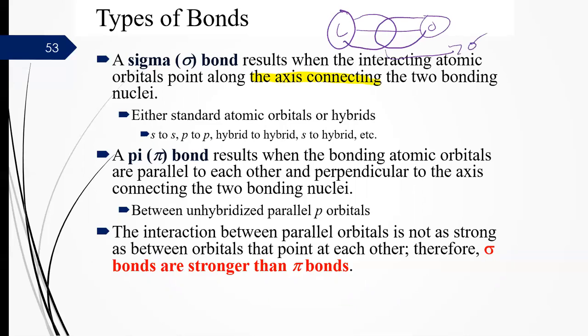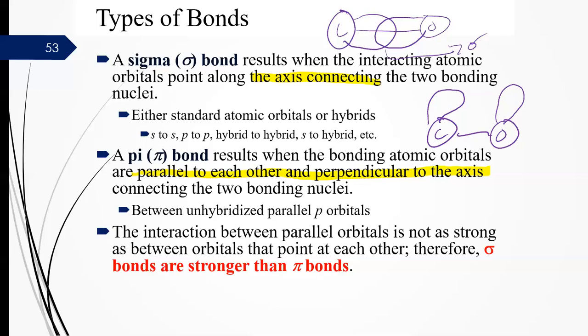The pi bond results when we have a double bond or a triple bond. And that's because they have atomic orbitals that are parallel to each other and perpendicular to the axis. So using that similar setup of our carbon and our oxygen, the pi bonds happen because they have these, we just draw the top one, orbitals up here pointing parallel to each other but perpendicular to the axis.